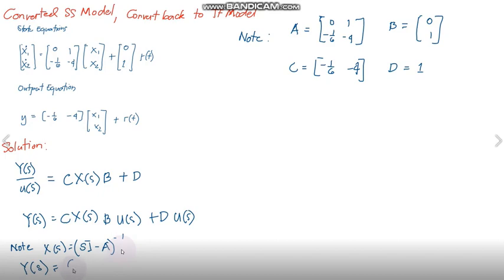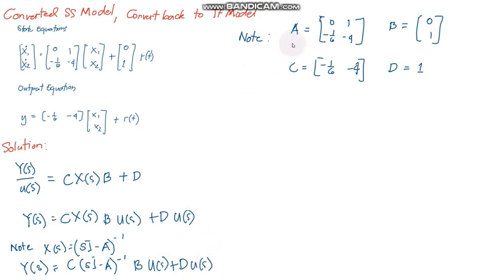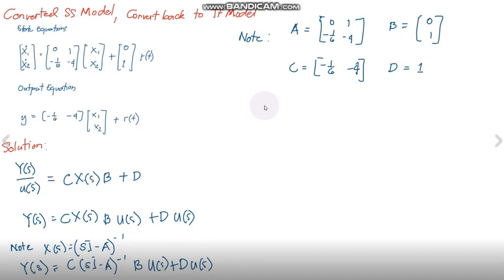So therefore, Y(s) equals C times (sI minus A) inverse times B plus D, multiplied by the input U(s). Let us now first solve for (sI minus A) raised to negative 1.